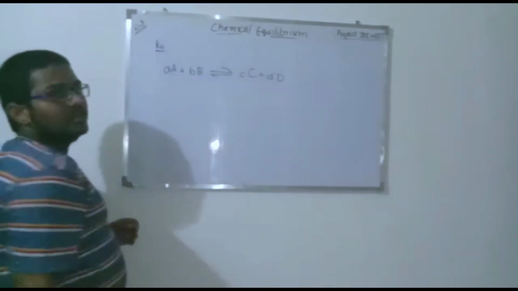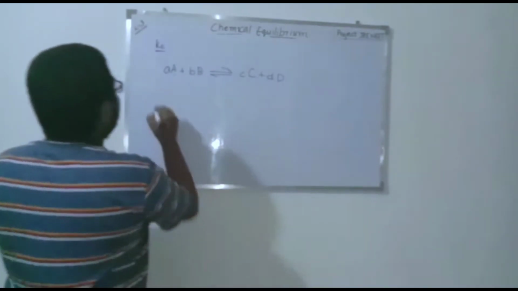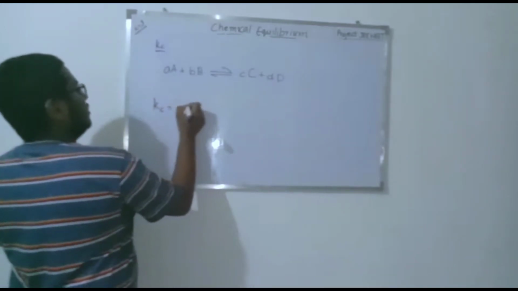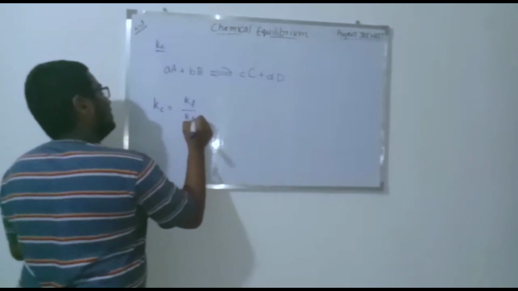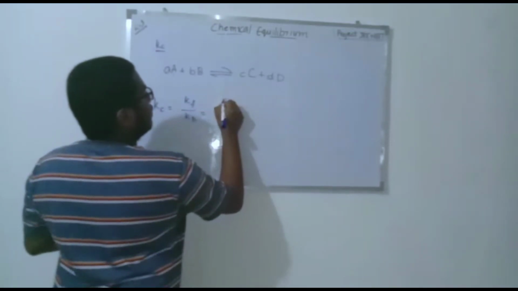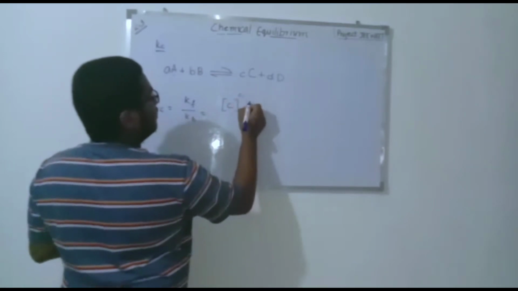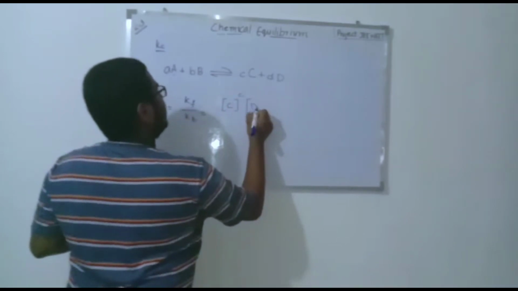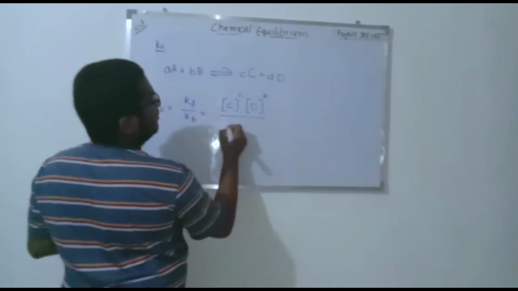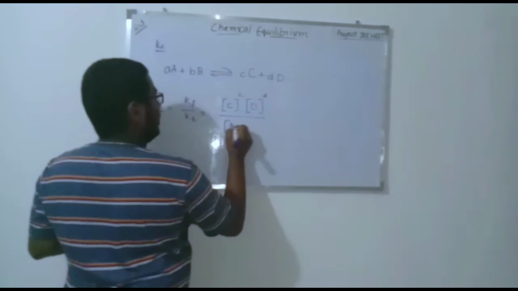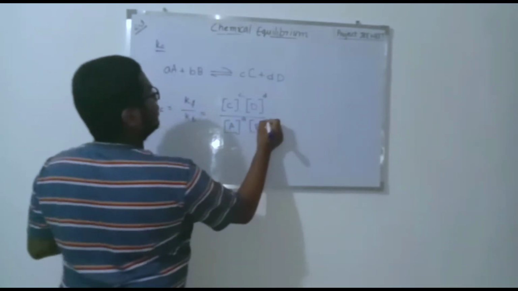For this reaction, Kc, the equilibrium constant in terms of concentration, can be defined as Kf by Kb, which is equal to concentration of C power small c, concentration of D power small d, by concentration of A power small a into concentration of B power small b.